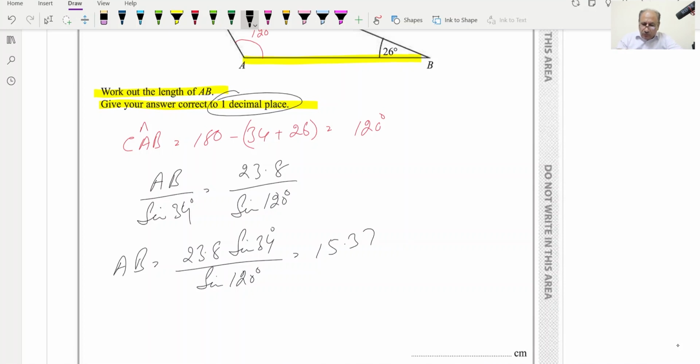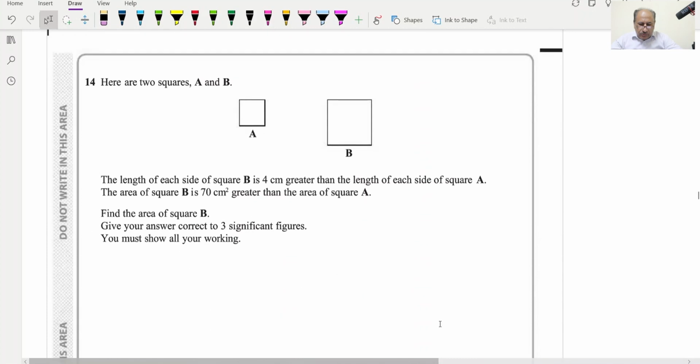But they're saying up to 1 dp, so 15.4, this is the 1 dp answer, and this will be in centimeters. This is a 3 mark question which we are done.